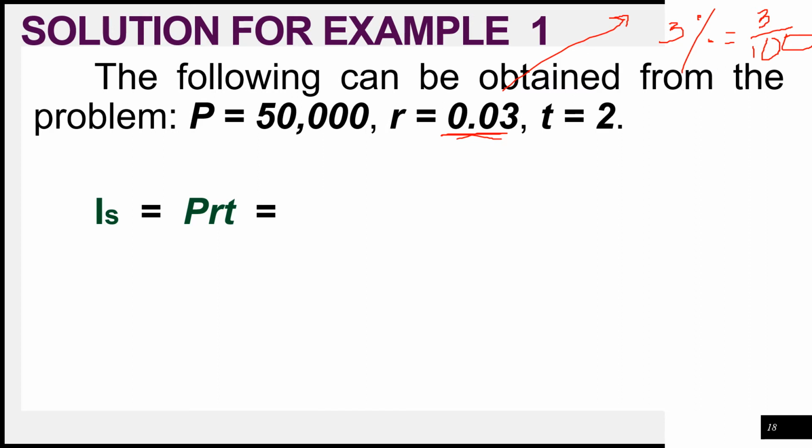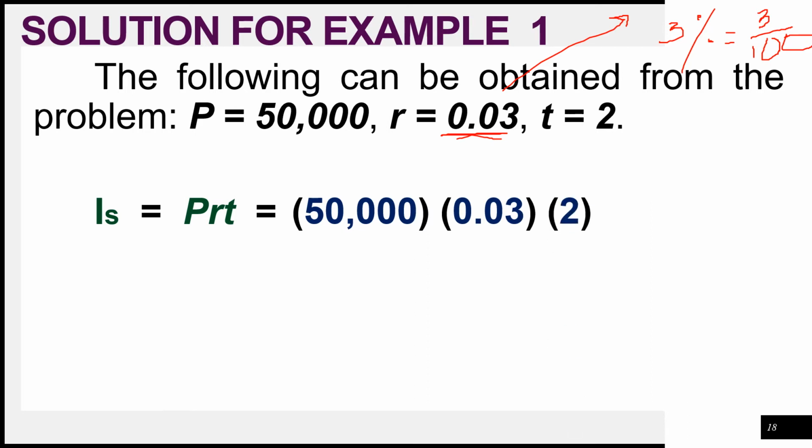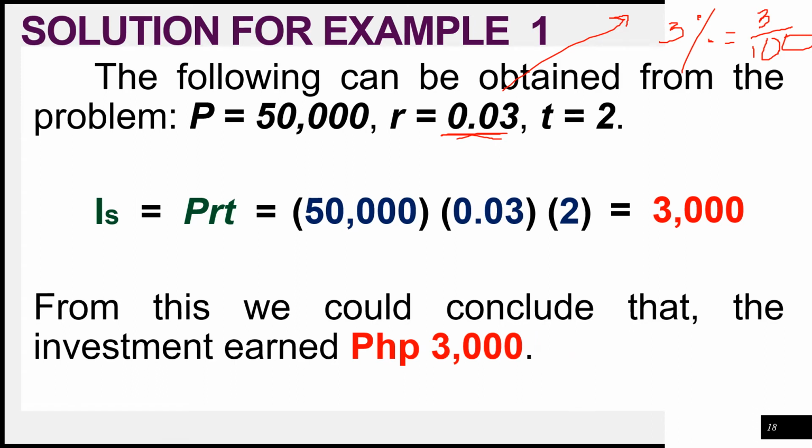Then substituting the values of the P, R, and T, we have principal is 50,000 pesos times the rate, which is 0.03, and times 2, which is the term. Then we have 3,000. Therefore, from this, we could conclude that the investment earned 3,000 pesos.